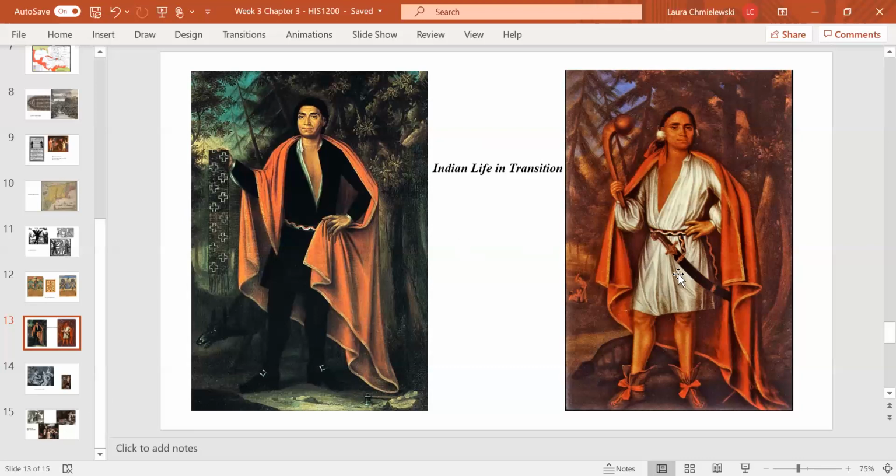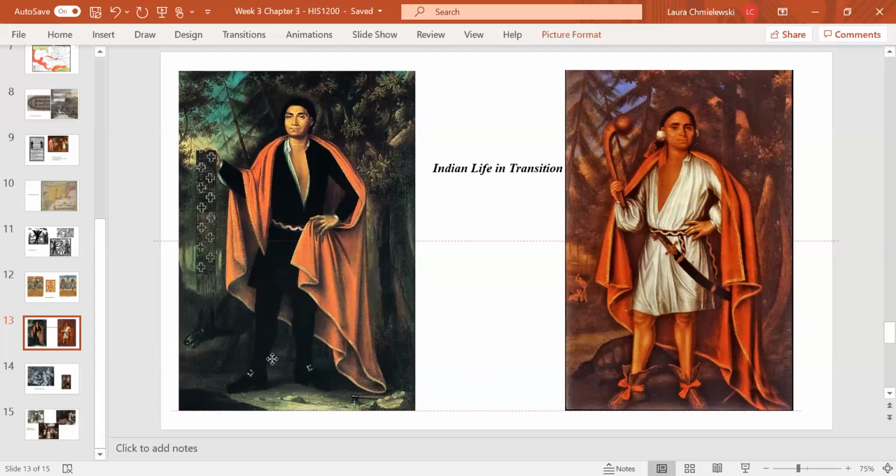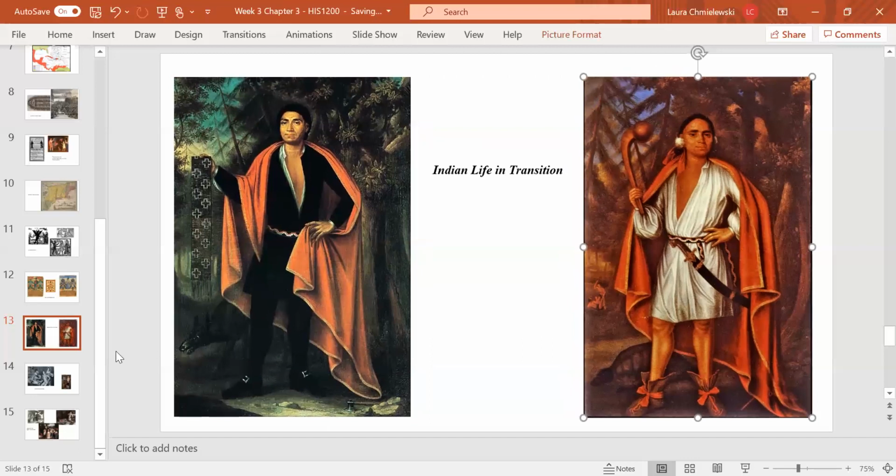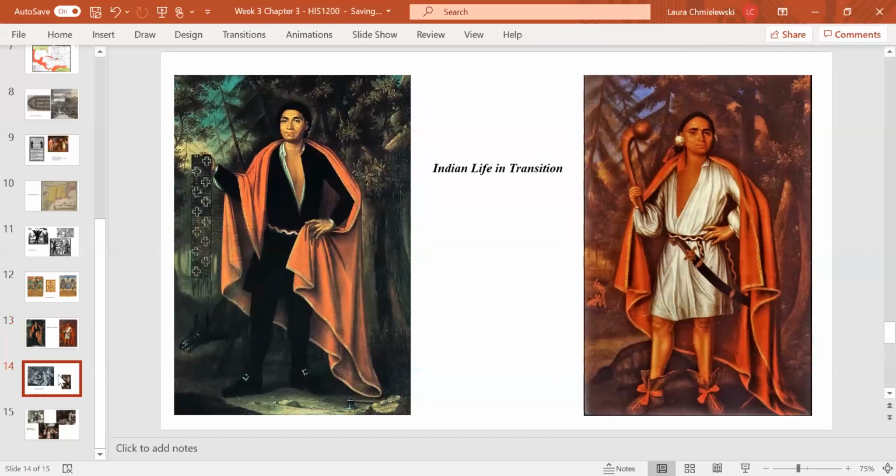But these things are clearly transforming. This man doesn't hunt anymore. This man uses a metal blade for his work instead of something that was made out of stone. These changes are coming to Native American lives and in some ways making things easier, in some ways, no doubt, building dependencies that are going to transform Native American folkways forever.